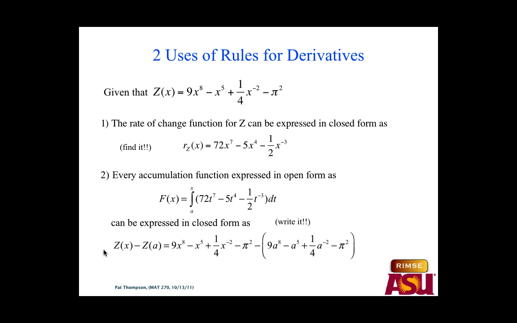But since I actually know function z's format, instead of z of x minus z of a, or writing this expression here to represent how much accumulates in function z between a and x due to this rate, I could actually write out function z evaluated at a and evaluated at x and subtract.